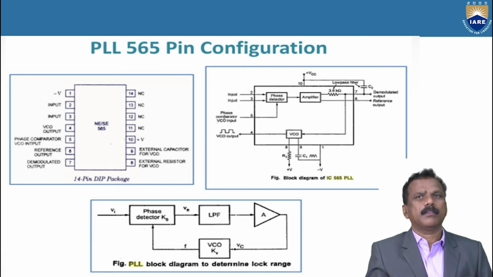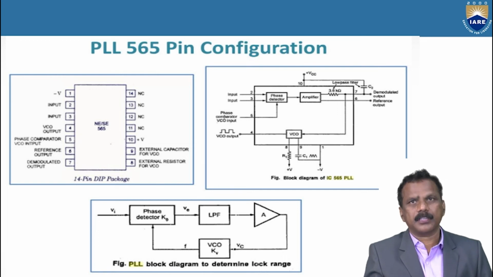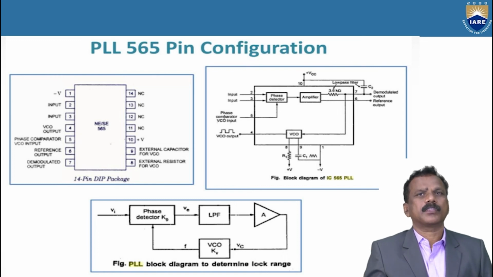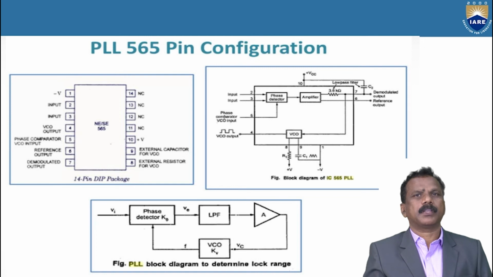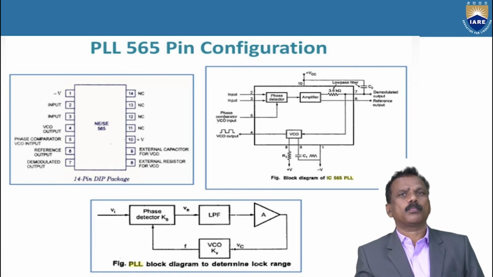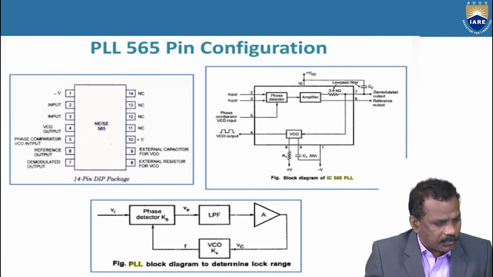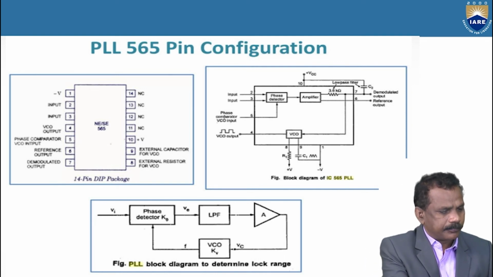This is the PLL 565 pin configuration. The first pin is minus V, second pin is input, third pin is input, fourth pin is VCO output, and fifth pin is phase comparator. Sixth pin is reference output.